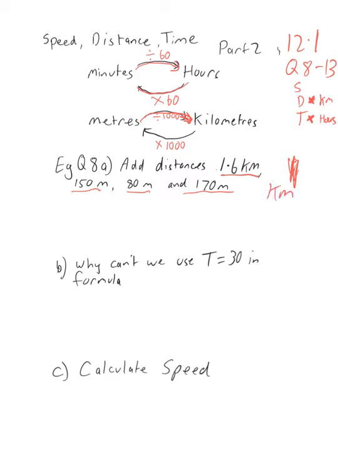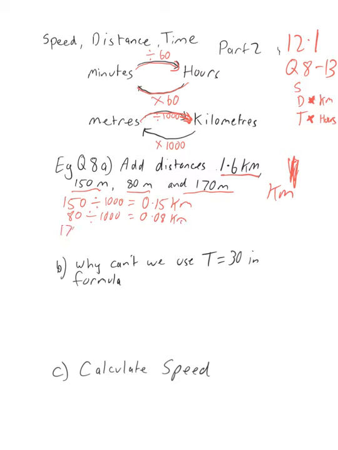So we need to convert 150 metres into kilometres, and that comes to 0.15 kilometres, and 80 divided by 1,000 equals 0.08 kilometres.